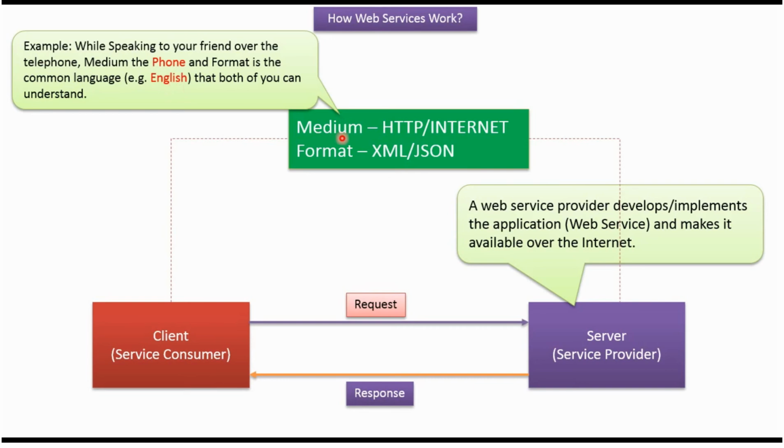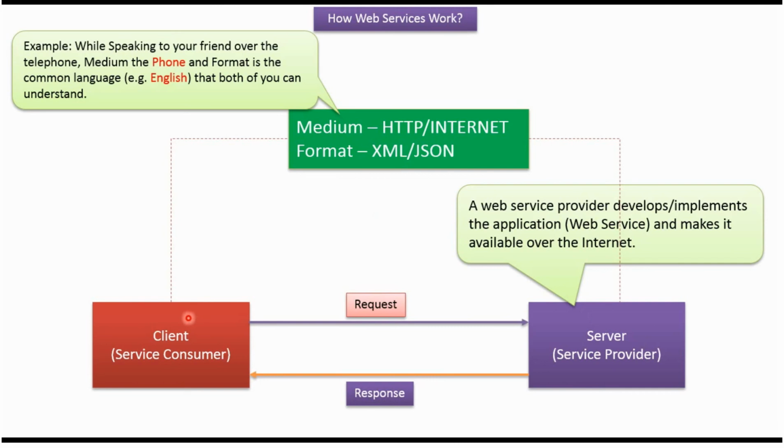In the same way, in web services, the medium is the internet, on which communication between two applications will happen. Web services use the HTTP protocol, and the common format is XML or JSON, which can be understood by both client and server.